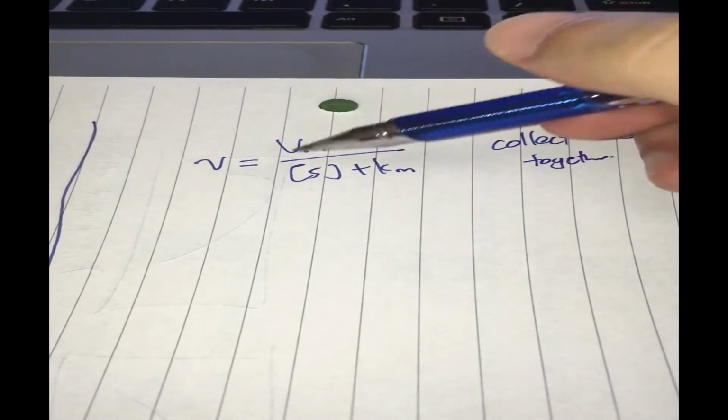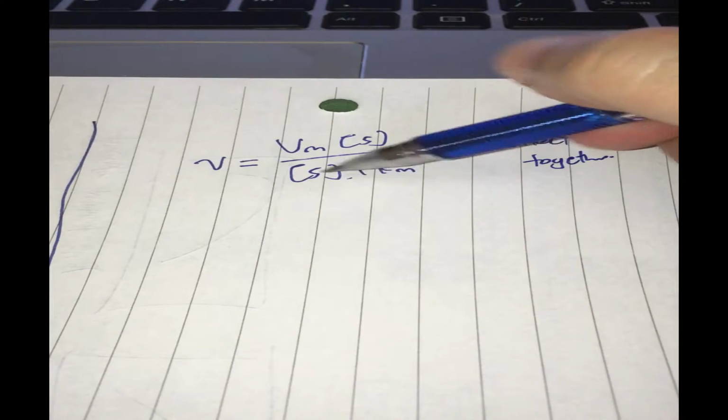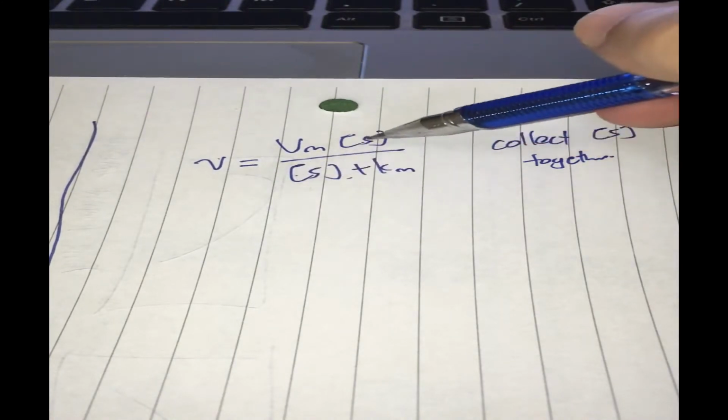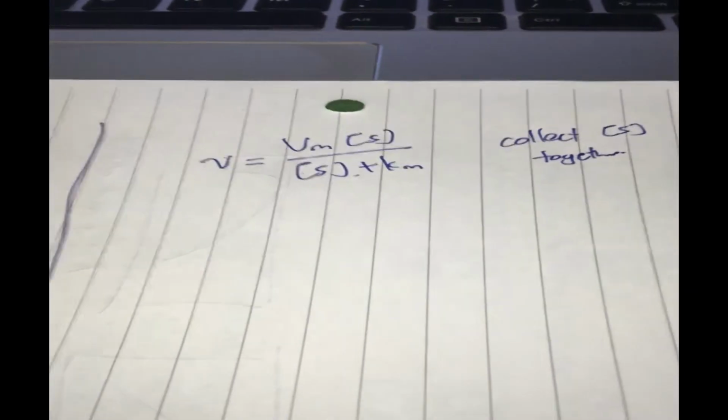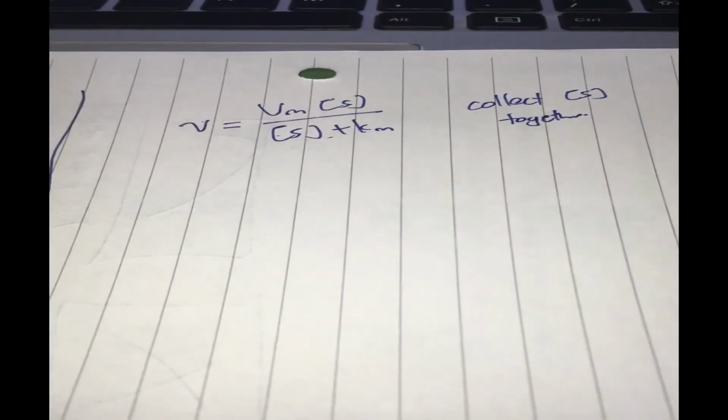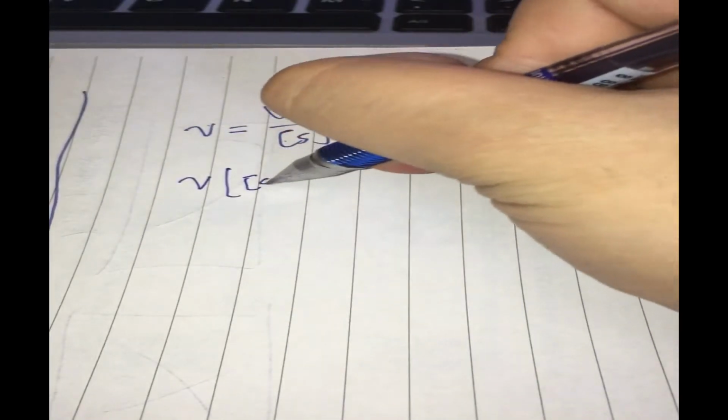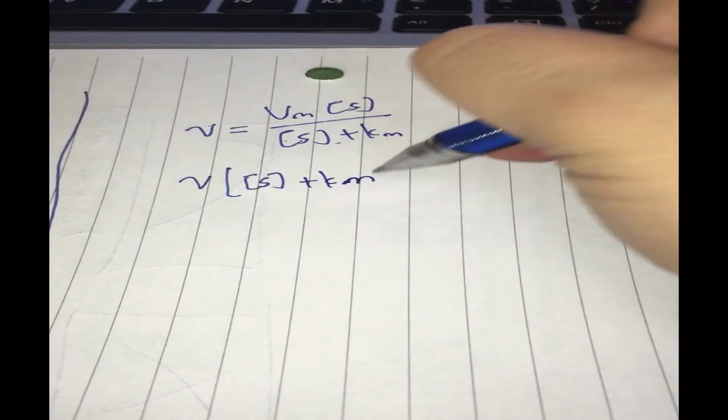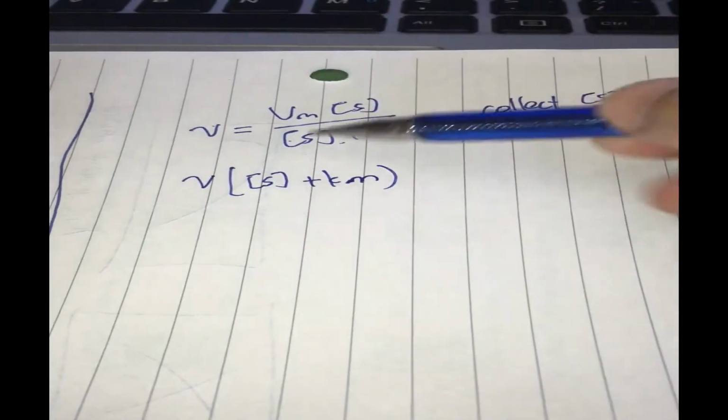That means I want to factorize this. Combine both of these s terms into one term. So let's bring this to the left, multiply both sides by the denominator. So yeah, I'm trying to collect all the s terms together.